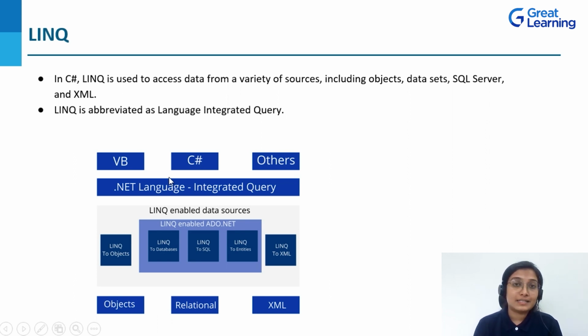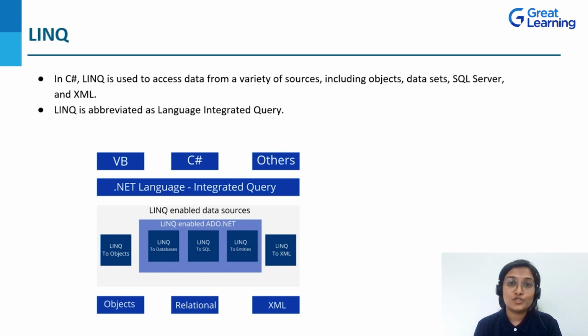And the communication happens according to the programming language you select. Whether it is VB, C#, Java, Python, or any other language you are working with on the .NET framework, ASP.NET, anything for that matter, each and every integrated query has been linked with the databases. It might be SQL or XML or an object or anything for that matter.